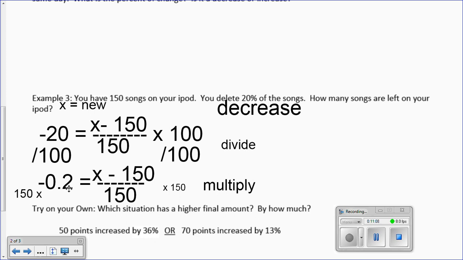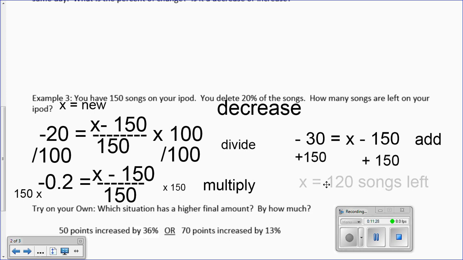So I can do this multiplication, and I get negative 30. The denominator of 150 and what I'm multiplying by cancel each other out. So I'm left with negative 30 equals x minus 150. Now I can add 150 to both sides to get x by itself. I get x equals 120 songs left. And that's my answer.